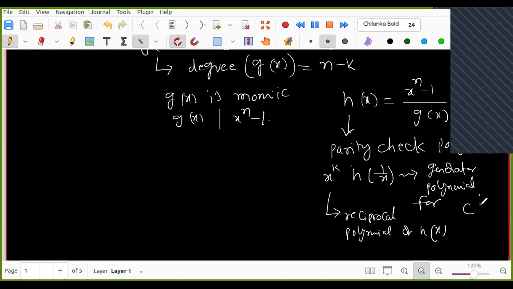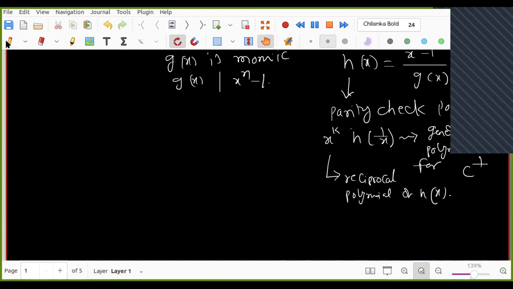It is the generator polynomial for C perp, right? See, the only difference is that h of x is not as it is the generator for C perp. For C perp, the generator polynomial is x power k into h of 1 by x. That is the reciprocal polynomial of h of x. Please revise the part we discussed in the previous class, so it will be clear.